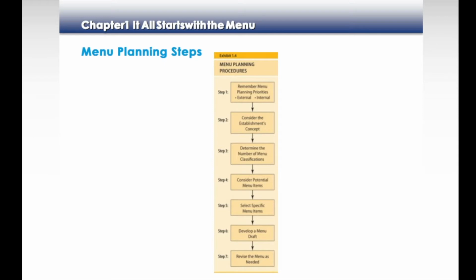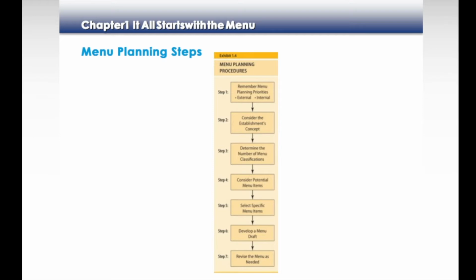The ingredients themselves: can you even get the ingredients, and can you get them in enough quantity? If you've got one foie gras dish on the menu and you may sell 3 a night, that foie gras is going to go bad in the refrigerator before you get a chance to sell it.